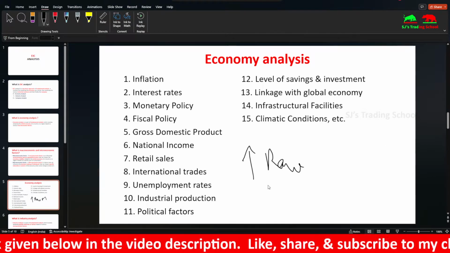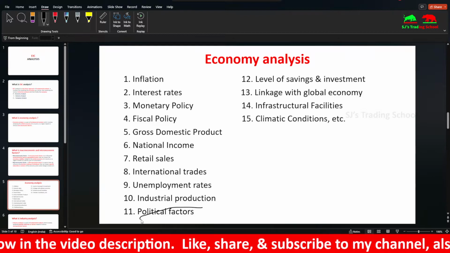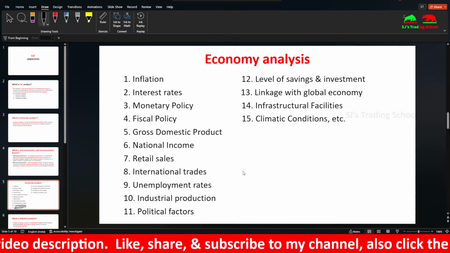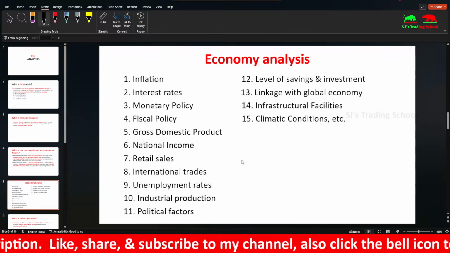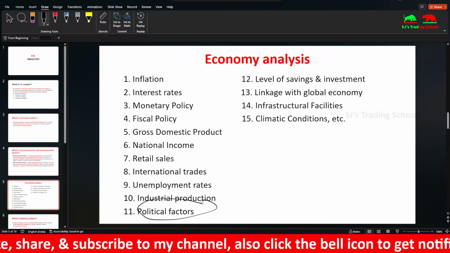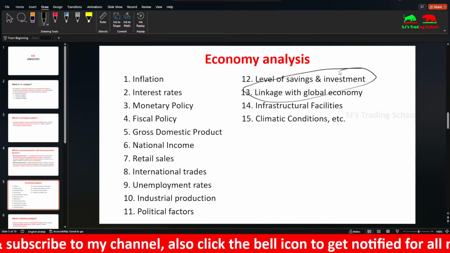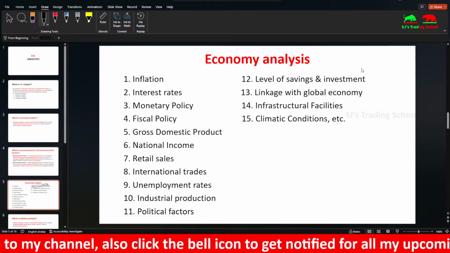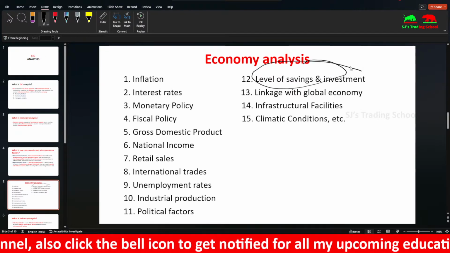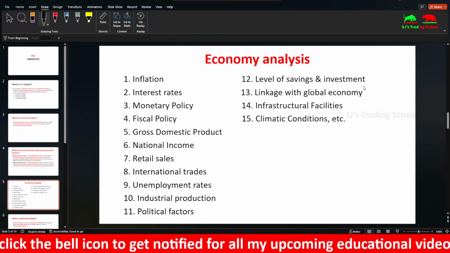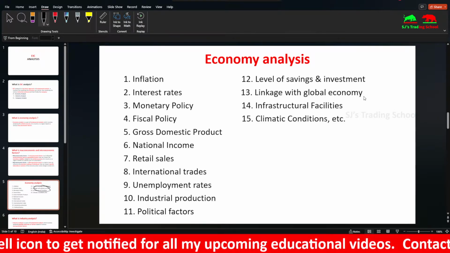And then the political factors. Based upon the parties that come into power, some might support one sector, some might not support one sector. So this also influences. And then how many people are saving, and how much investment is taking place in a country, how much people are investing. And then the linkage with global economy.